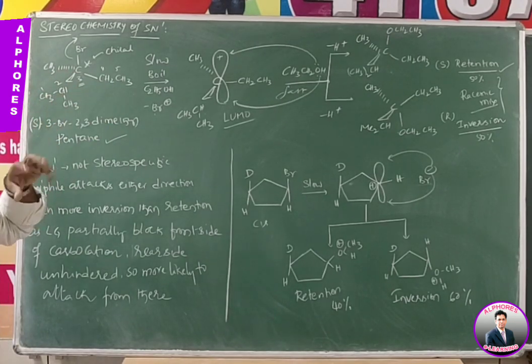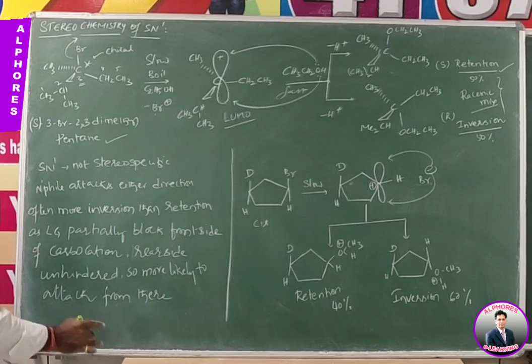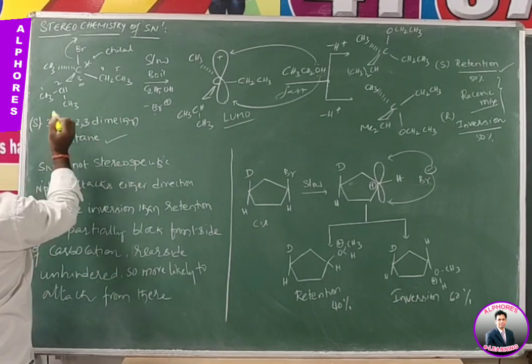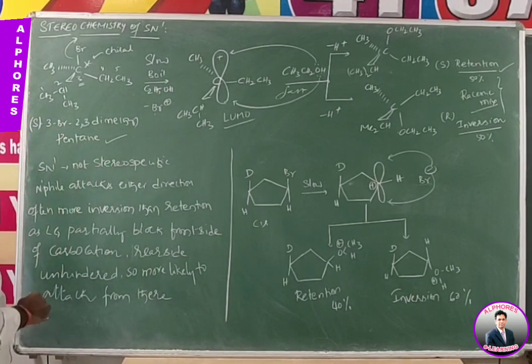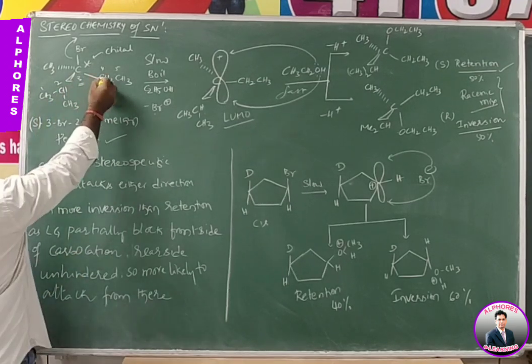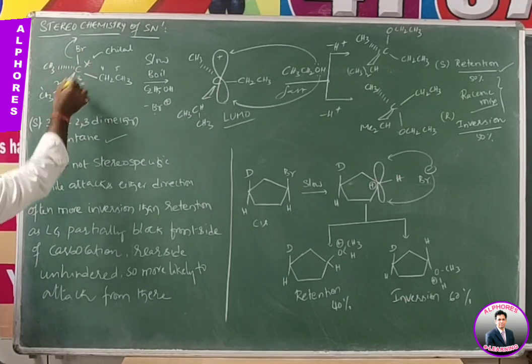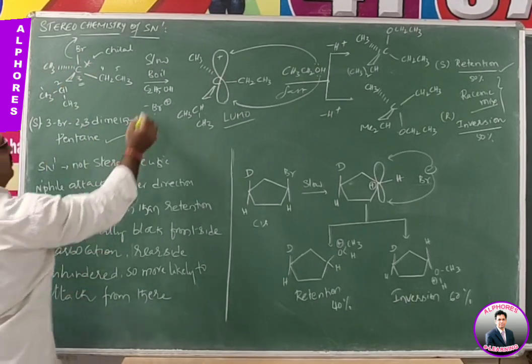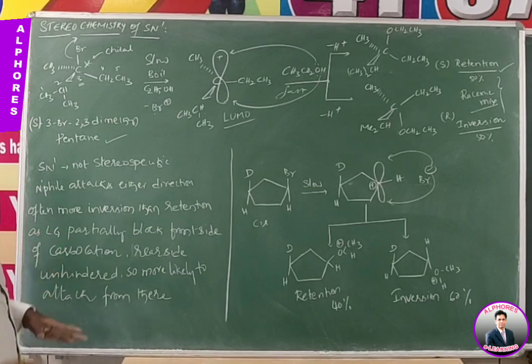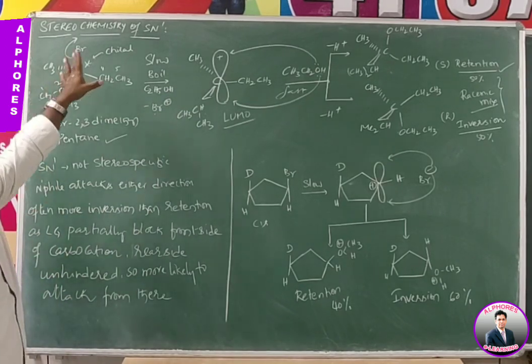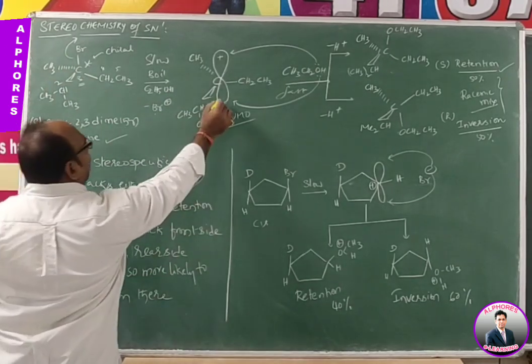Ultimately, how many products are you getting? Let us see. First step: S-3-bromo-2,3-dimethylpentane, here 1, 2, 3, 4, 5 carbons in the long chain, 3-bromo-2,3-dimethyl. This substrate is boiled with ethyl alcohol. In the first step the leaving group departs and ultimately gives a carbocation.